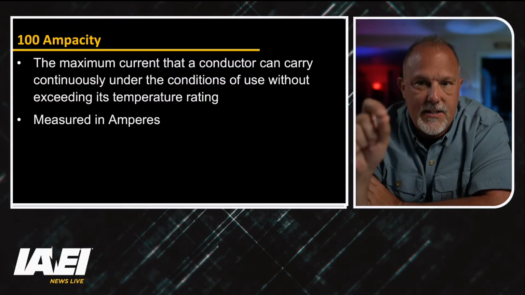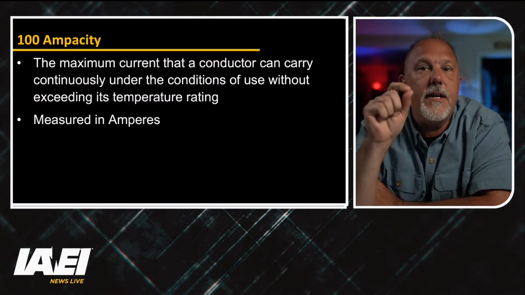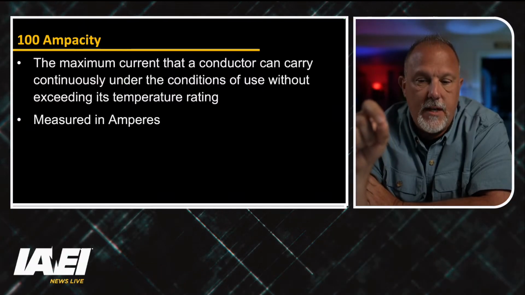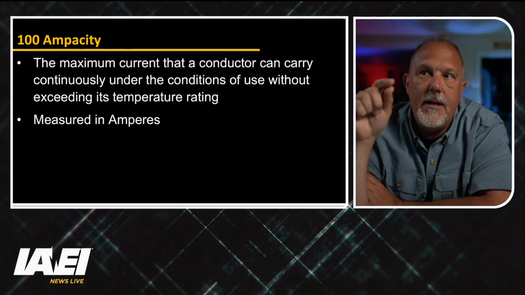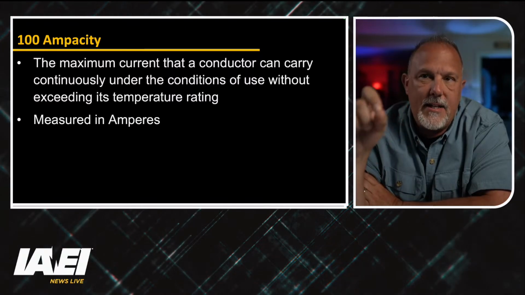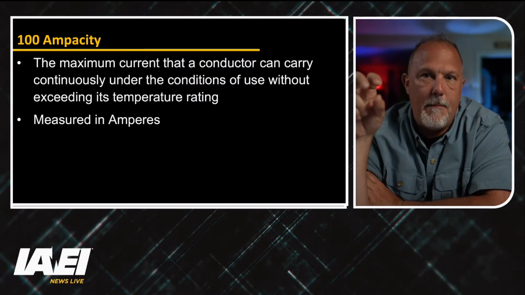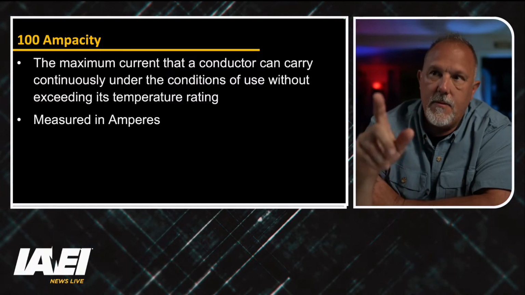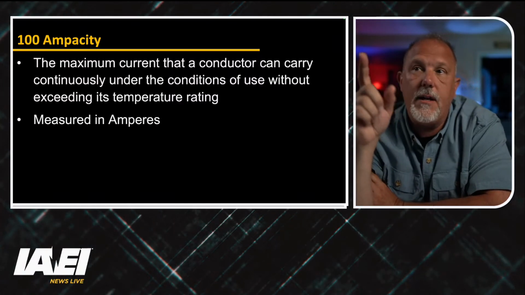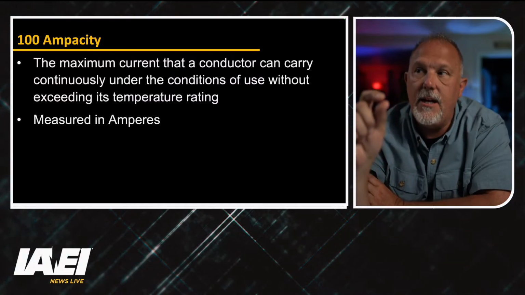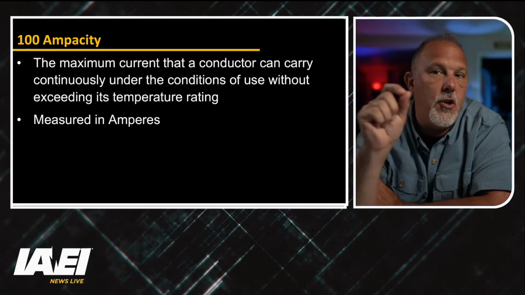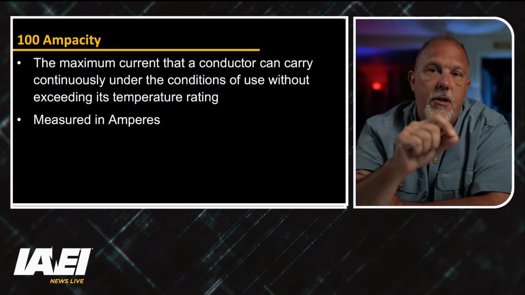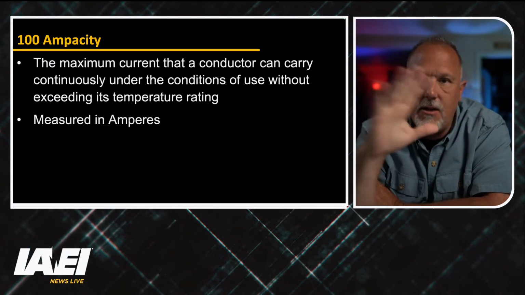The term ampacity focuses on the conductor. So when we say ampacity, we're talking about a conductor's ampacity, and it's based upon conditions of use. There's no ampere rating, there's no allowable ampacity, all that good stuff.